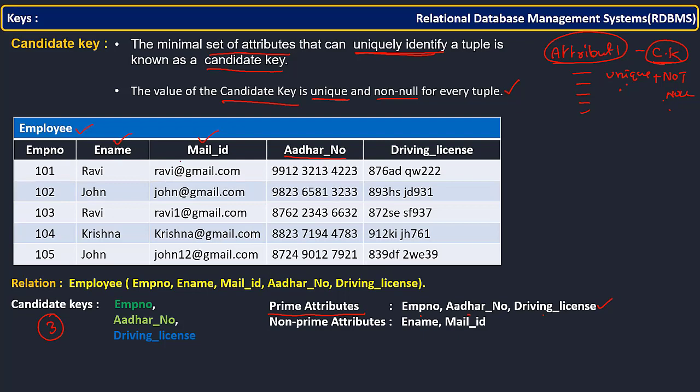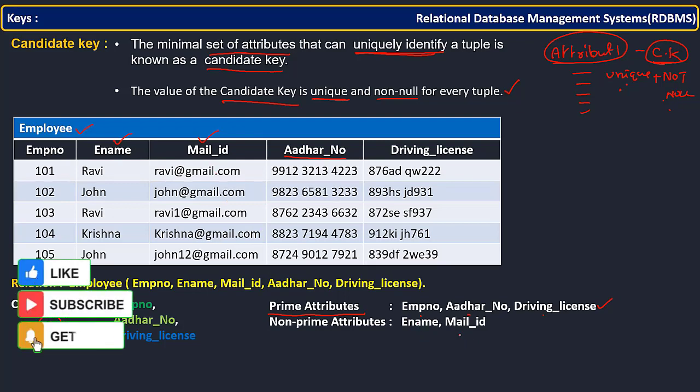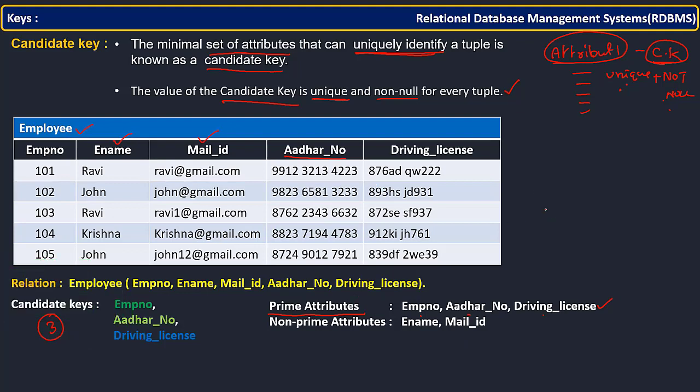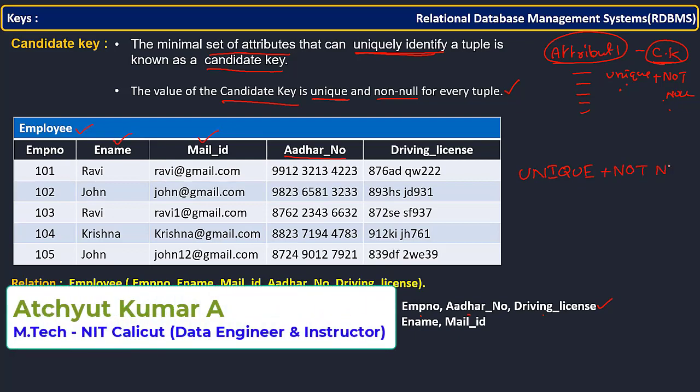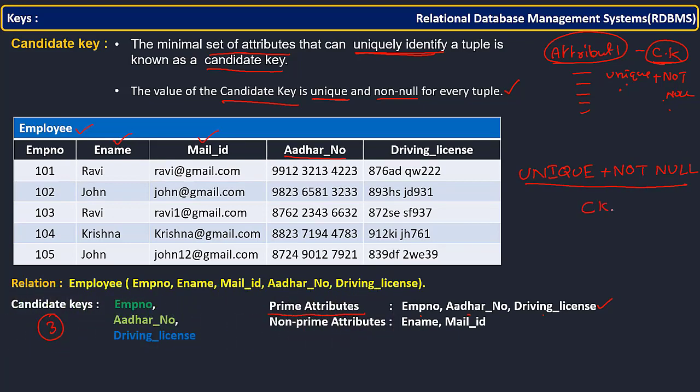You can see here, e-name is a non-prime attribute, mail ID is a non-prime attribute. So first of all, candidate key, try to understand. It is very simple: whichever column or attribute satisfies uniqueness and not null is nothing but a candidate key actually. Simply you can say. Okay.